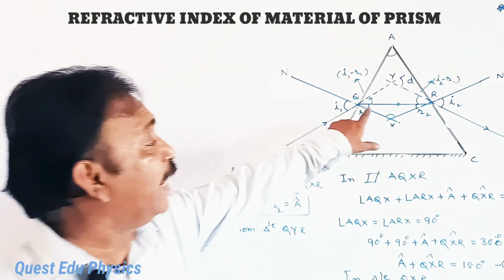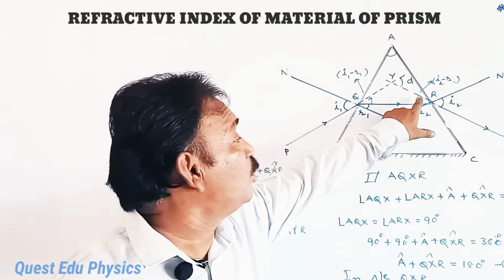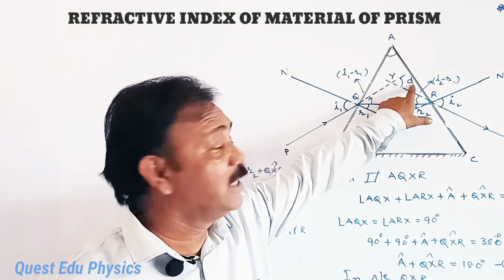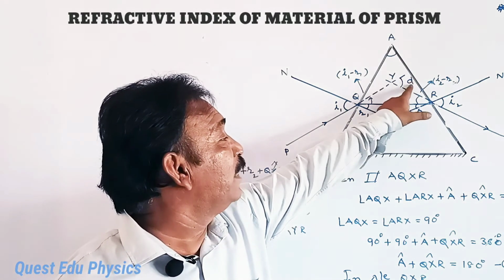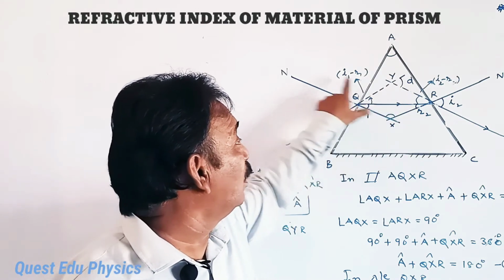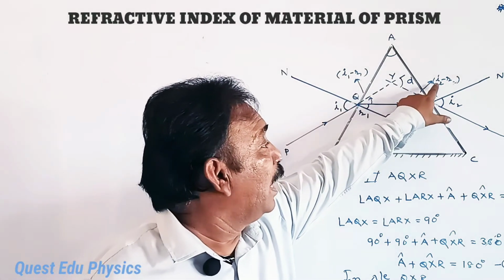You have learned that in a triangle, the sum of the interior opposite angles must be equal to the exterior angle. Here the exterior angle is angle D, and the interior opposite angles are I1 minus R1 and I2 minus R2.